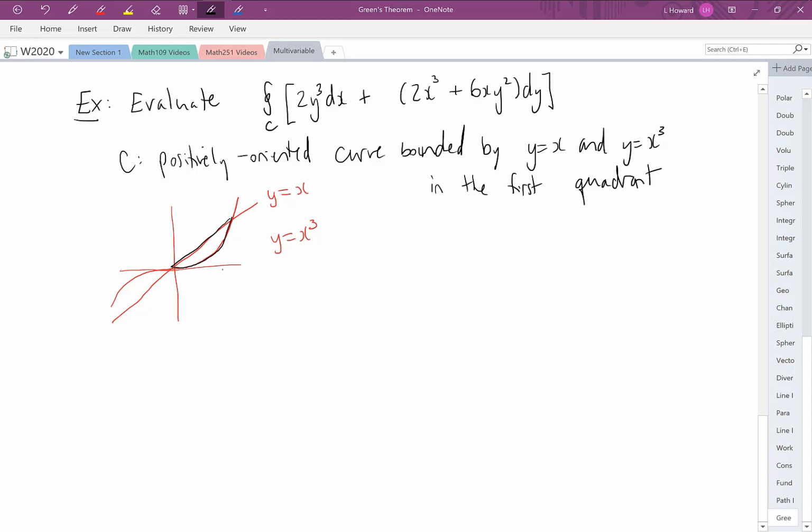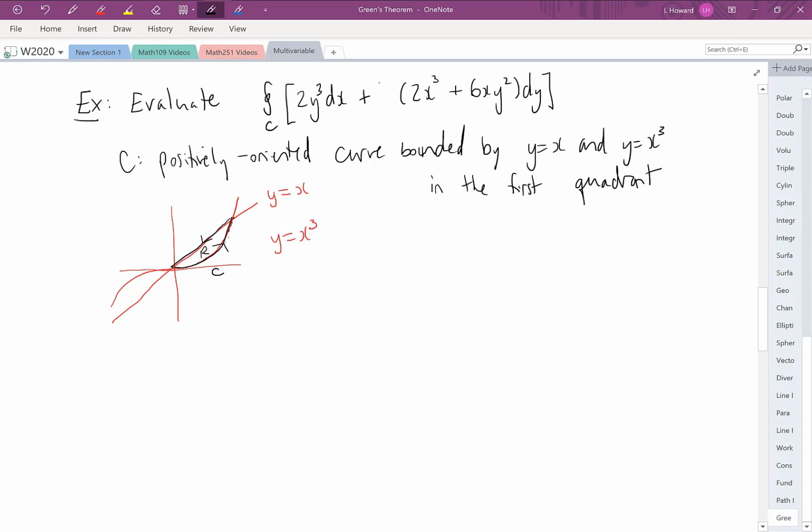Okay, now we know C is positively oriented, or in other words, counterclockwise when we view it from above. So that means we're traveling along C this way and then that way. So you can think of this as saying if you're walking along this curve, the region R, which is this region here, would stay on your left-hand side.